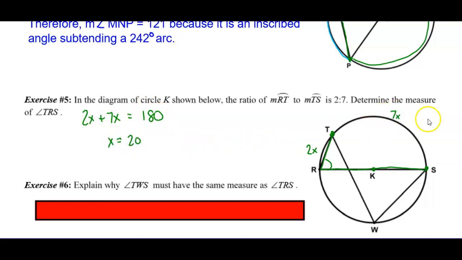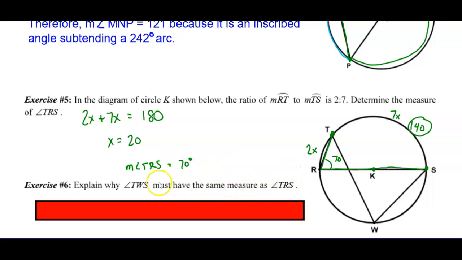So if I take that over here, 7x would equal 140. Okay, so again, the angle I'm looking for is an inscribed angle, so it's going to be half of 140. It's going to be a 70-degree angle. All right, so measure of angle TRS is 70 degrees.